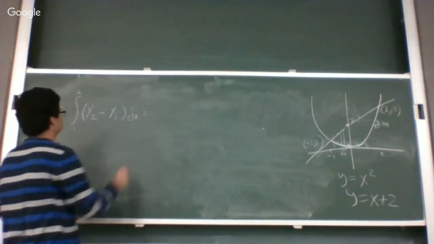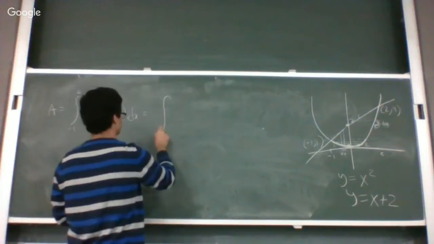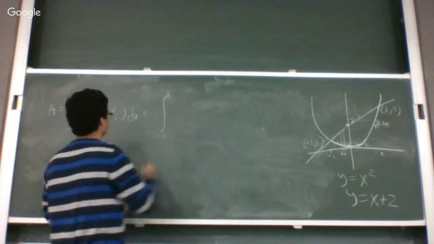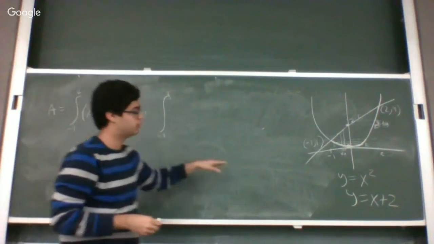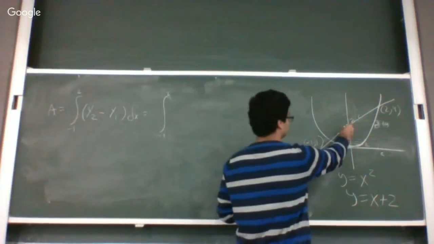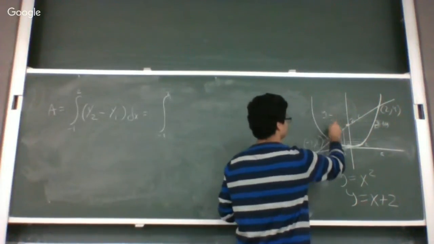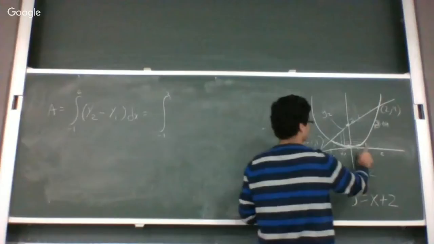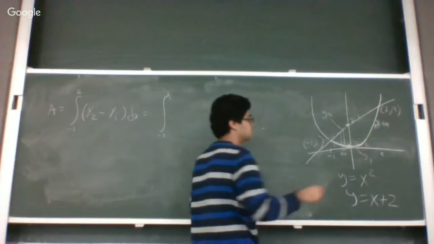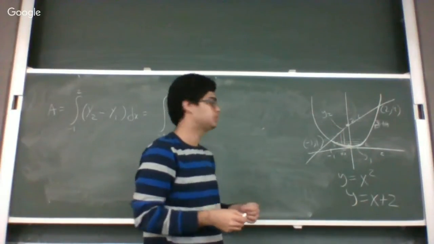dx. So from here, it's plugging in values. Our top function is our y2 function. Our bottom is y1, and it's top minus bottom.